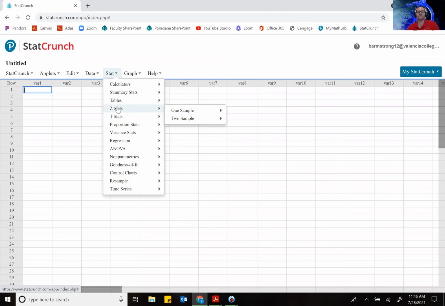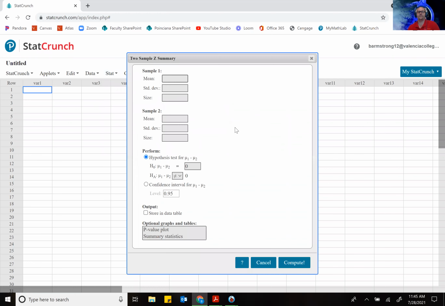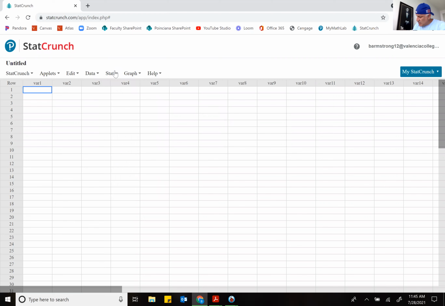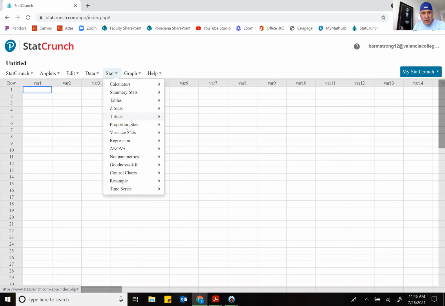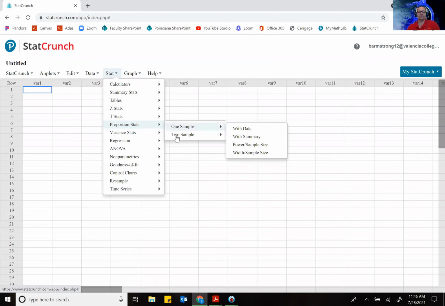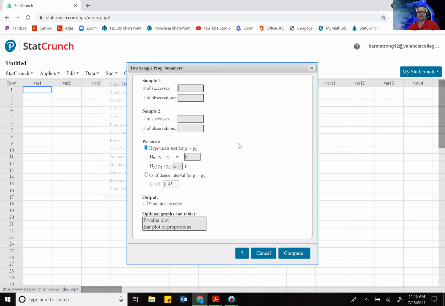So z-stats, this one sample or two sample? It is two. So we're going to go in here with summary. Just kidding. Isn't it in proportion stats? Oh, yeah. Sorry. Yes. Two sample with summary. Yes, there it is. Sorry, I went to the wrong place.